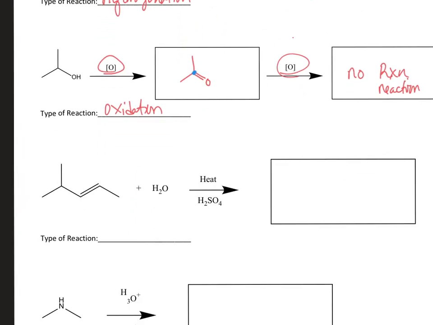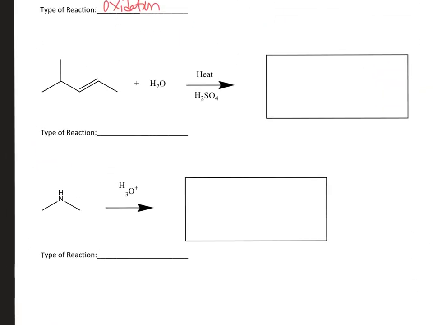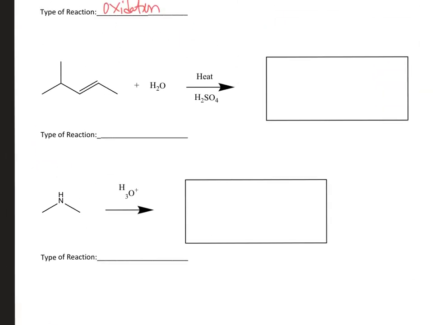So let's look at a couple more here. Now, the next reaction is using acid, because H2SO4, that's all it is saying: we've got some H plus here, or H3O plus, because we can call all of those things acid.